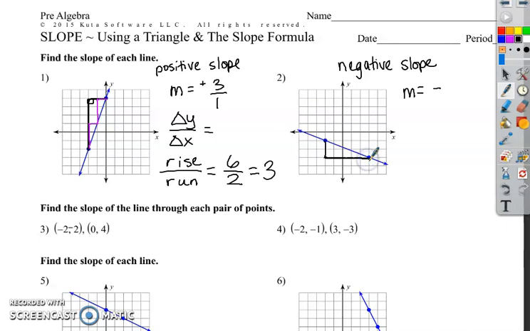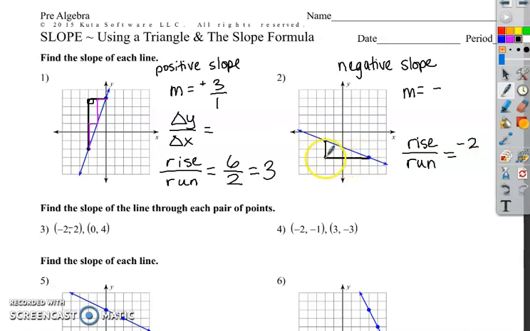Okay. Now this time, my rise is actually a fall because I'm having to go from point to point. I'm going down 1, 2. So I went down 2. Okay, so that's -2.